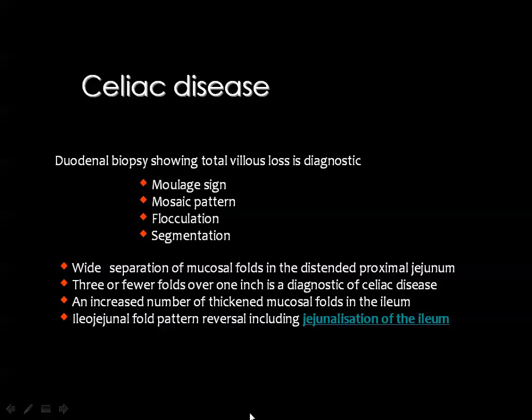In the era of the small bowel barium meal follow-through, we described some of the signs of malabsorption, which include the moulage sign, the mosaic pattern, the folliculation, and the segmentation.